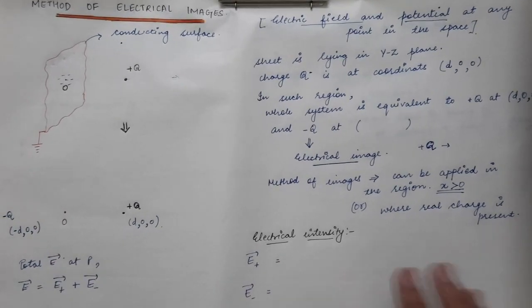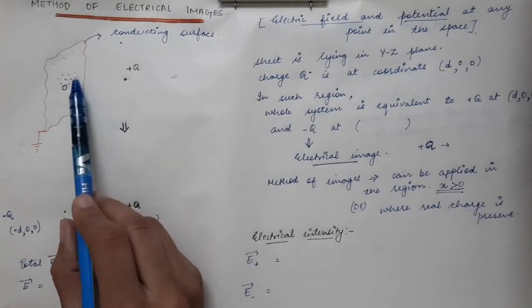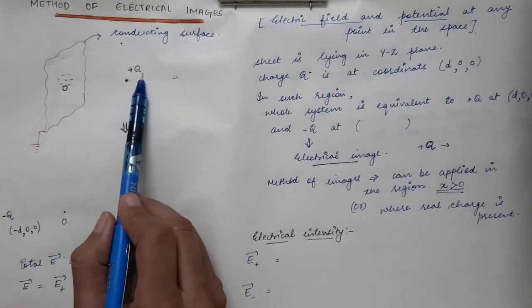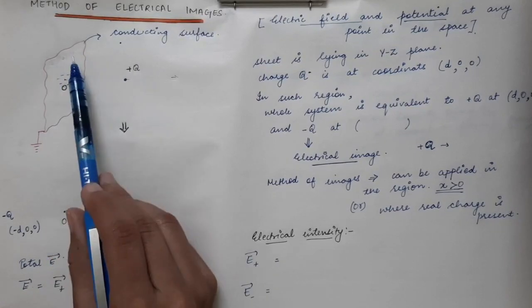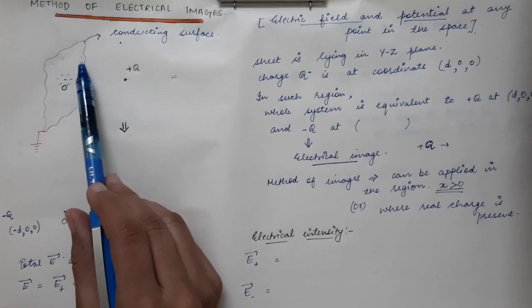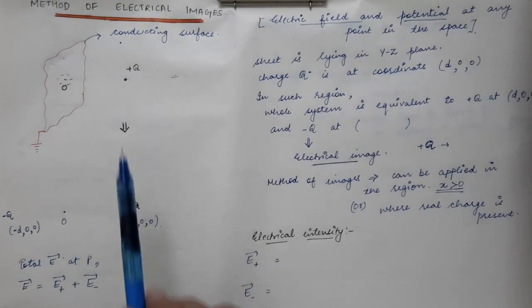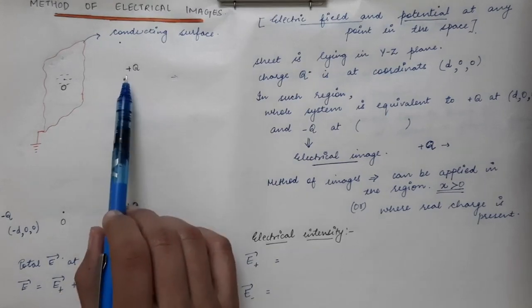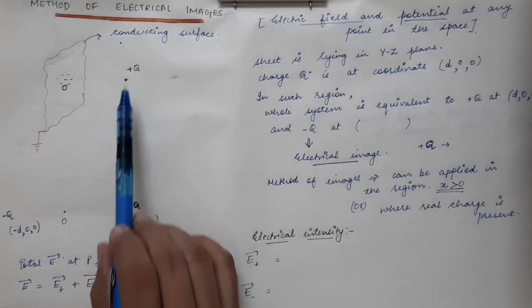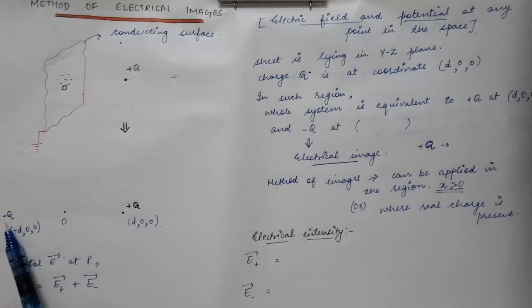So this is the equivalent system to the one where we have a plus q charge and a conducting sheet. If we have plus q charge and a conducting sheet, we replace this whole system by two charges. The plus q charge remains as it is, placed at d, 0, 0, so its position remains the same, but now the minus q charge must be placed.